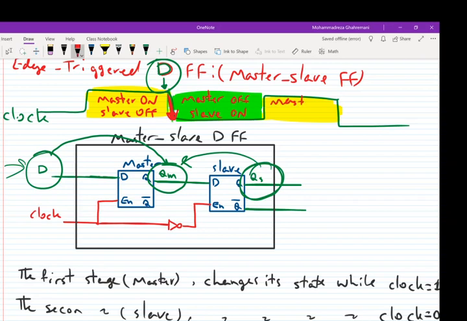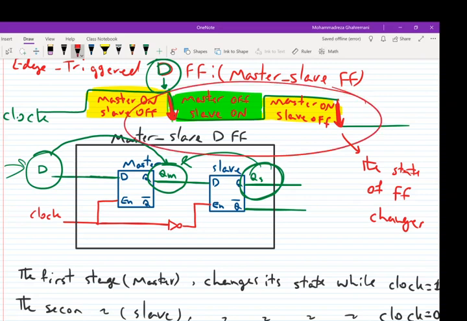Here master on, slave off. At these falling edges, the state of the flip-flop changes, and the maximum number of changes, as we see here, is one time per clock cycle.